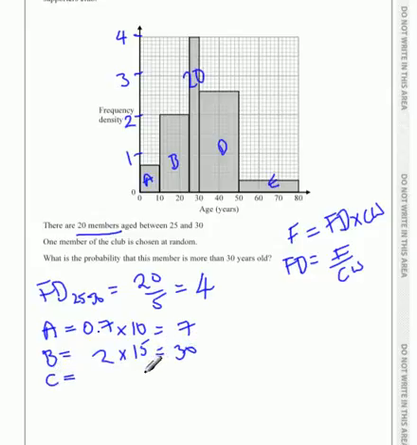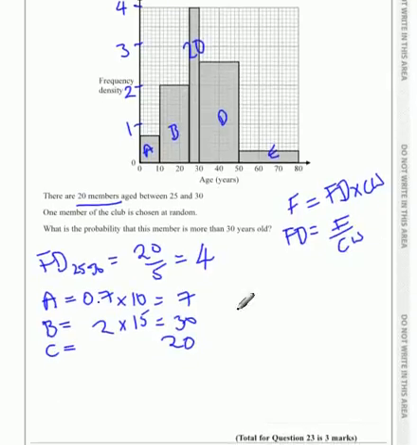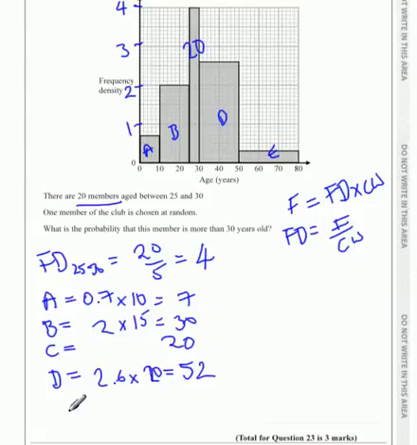C, we have already worked out, is 20. For D, frequency density here is 2.6, and the class width again is 10. No, it's not, it's 20. So 2.6 times 20 is 52.